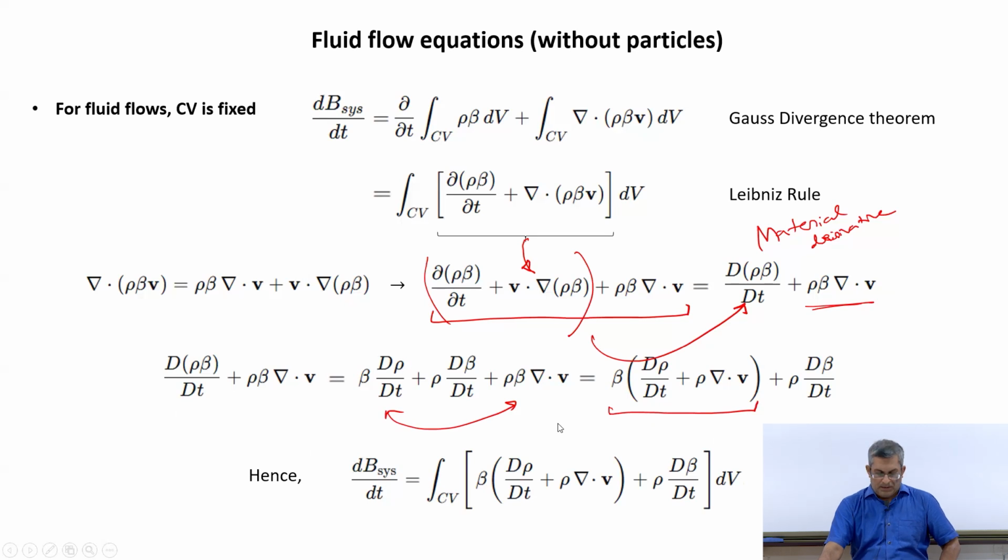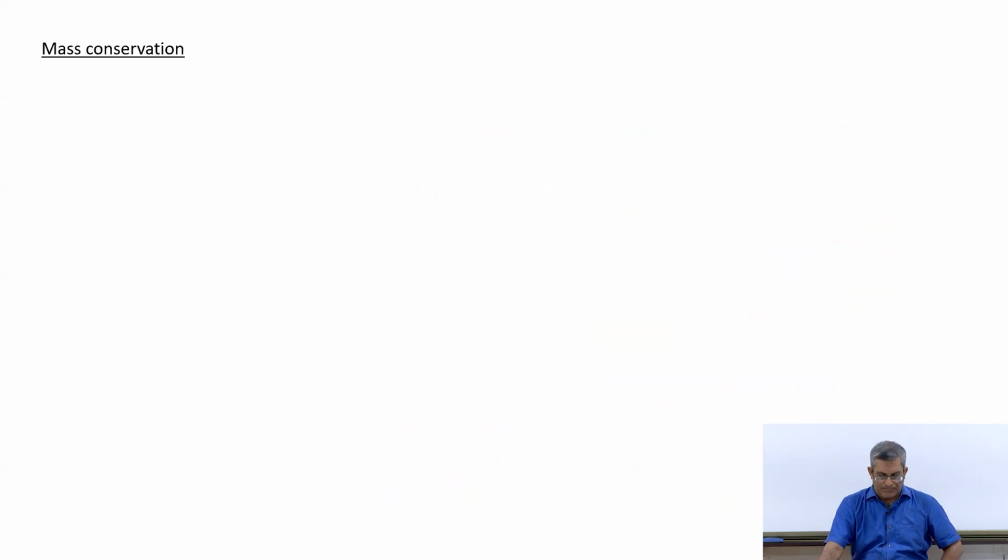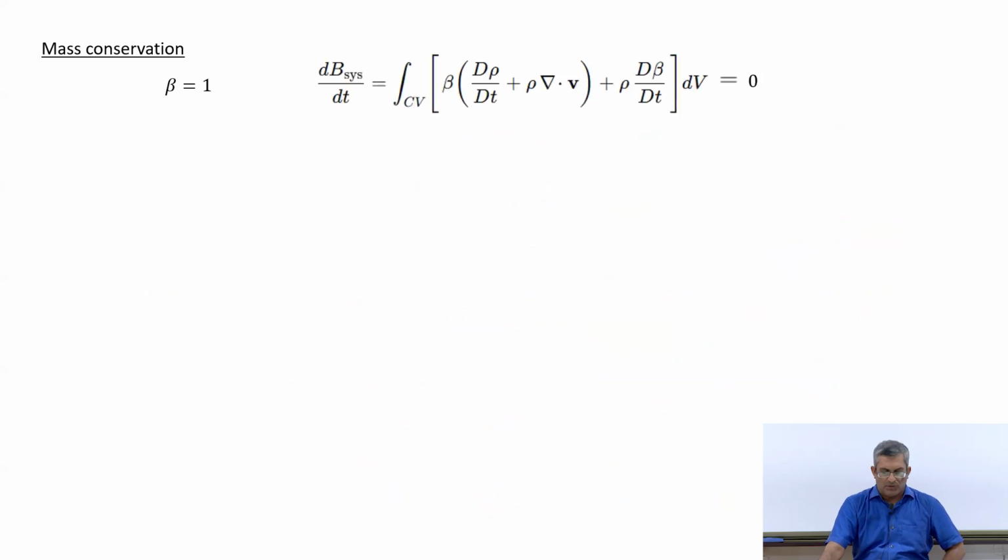Now we will use this for mass, momentum and energy conservation equations. Let us see. First, mass conservation. In this case, beta is equal to 1, we know that. So now we write the same equation that we derived in the previous slide.